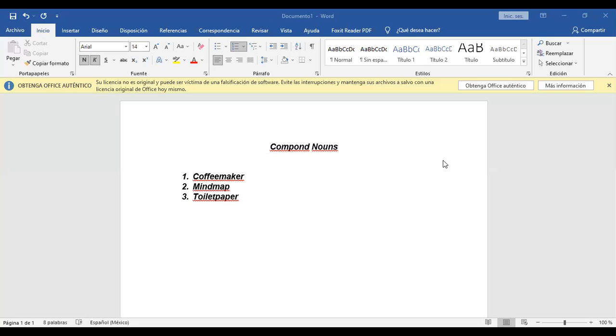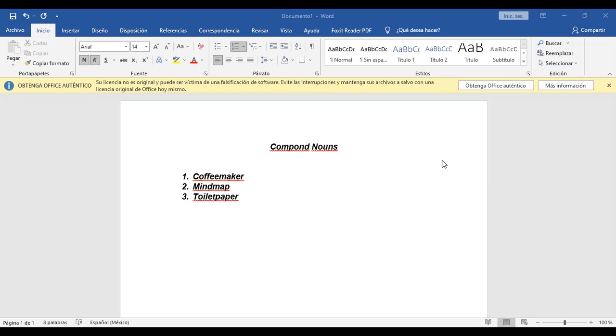Maciel, good afternoon. Okay, Tere, basically we were discussing the usage of compound nouns in English. We use those words for people, animals, places, things, or objects. Let's remember that a compound noun is formed by two words to make a single noun.